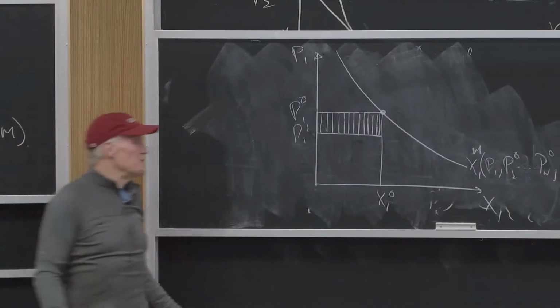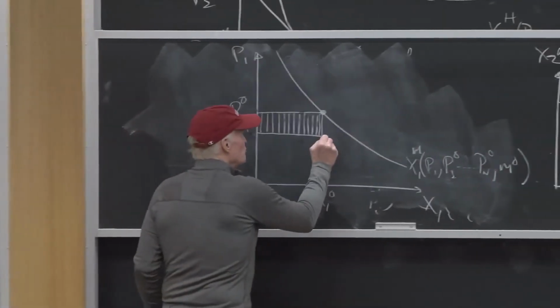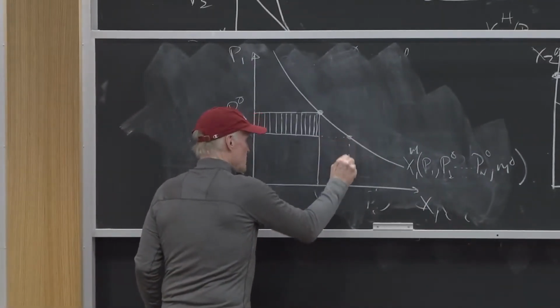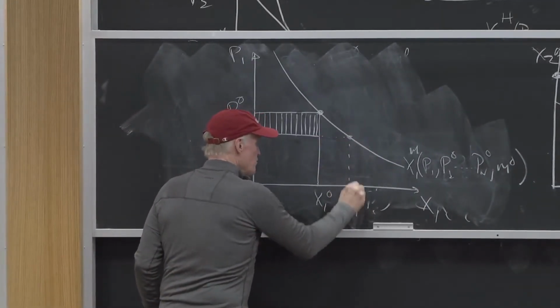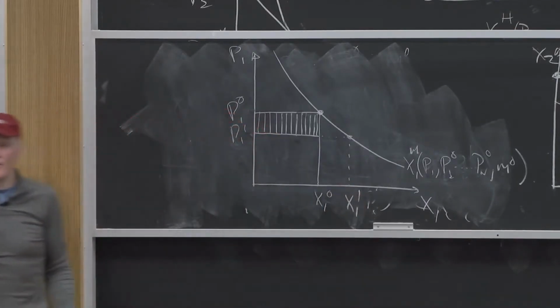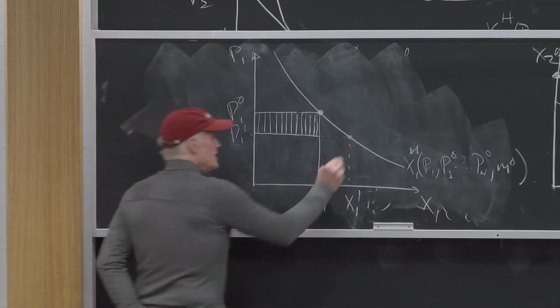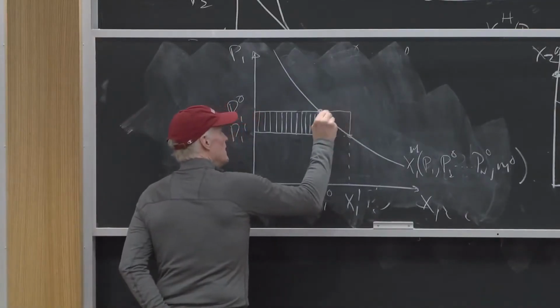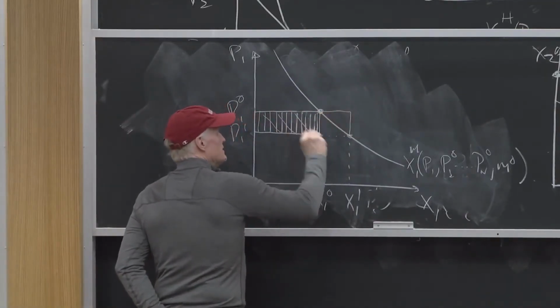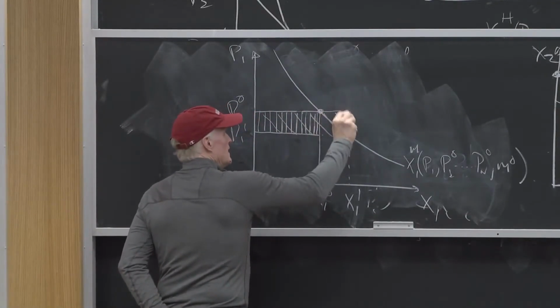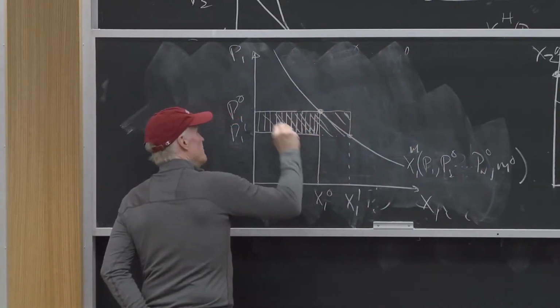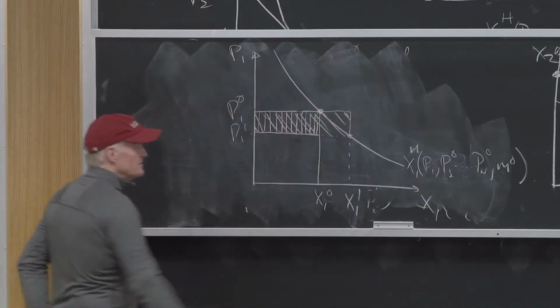What if I measured my gain not using my initial quantity, but I measured my gain using my new quantity? When the only thing changed was the price of good one. Well, then I would measure it by this big box. Then I would measure it by that big box. Right?